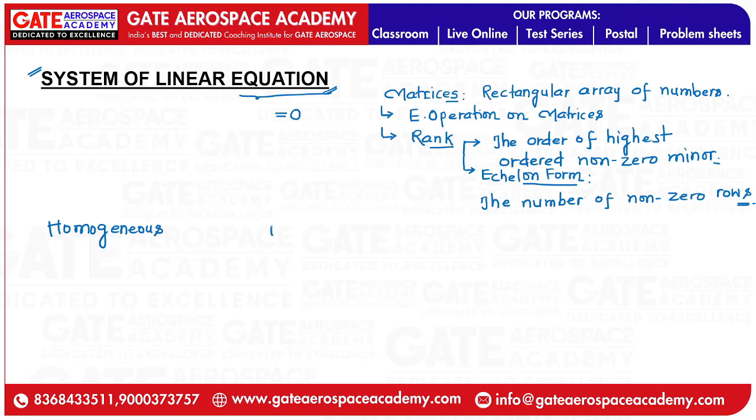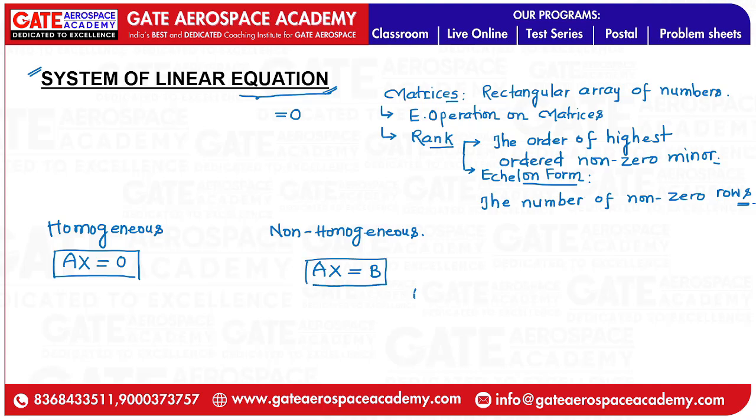And the second one is non-homogeneous. If we are equating with a zero, then this structure belongs to homogeneous. And if we are talking with respect to non-homogeneous, then we say AX equals B, where B is not equal to zero.